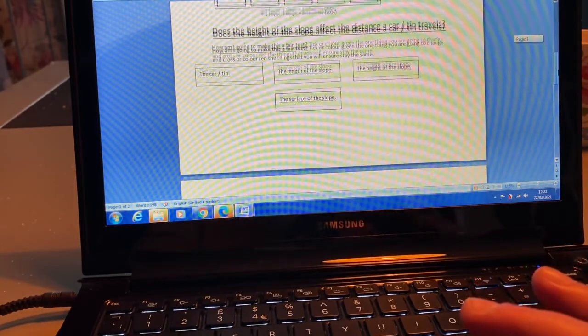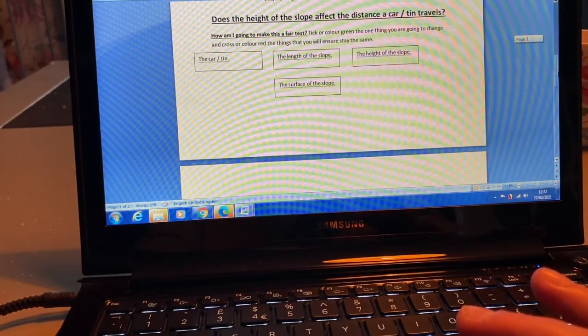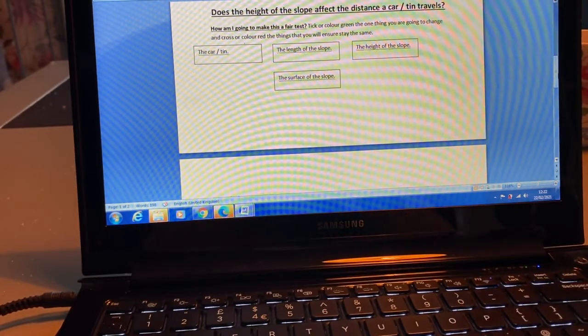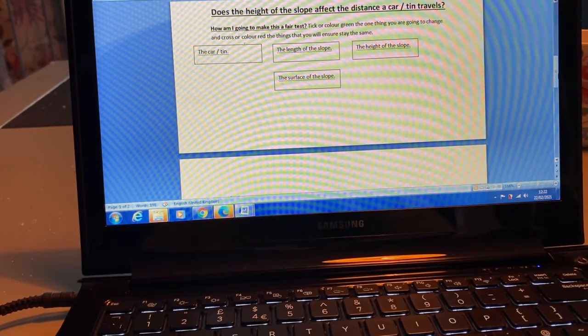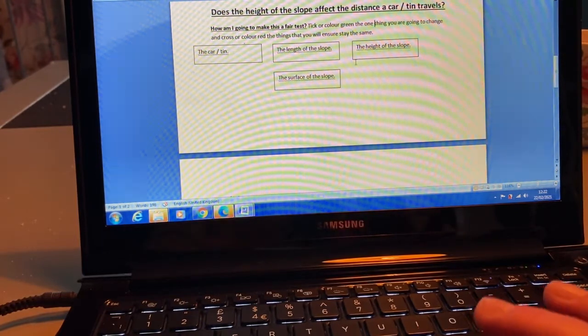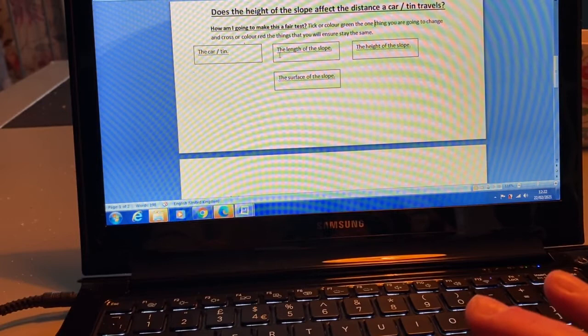So today, our investigation is, does the height of the slope affect the distance a car or tin travels? Okay, that is the question that we're going to be trying to answer today. So the first part of that I've put here for you is, how am I going to make this test fair?